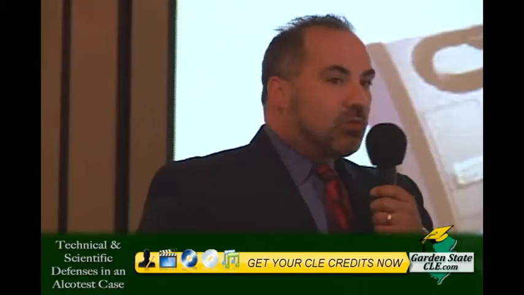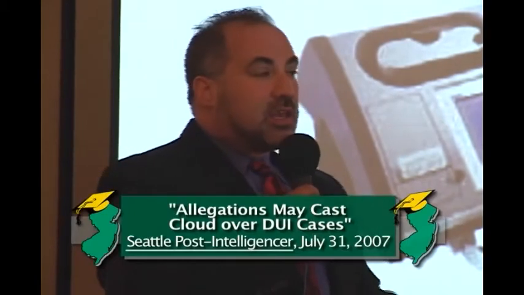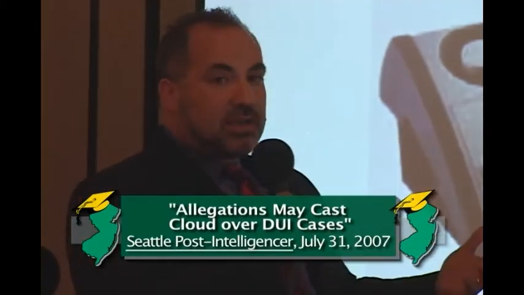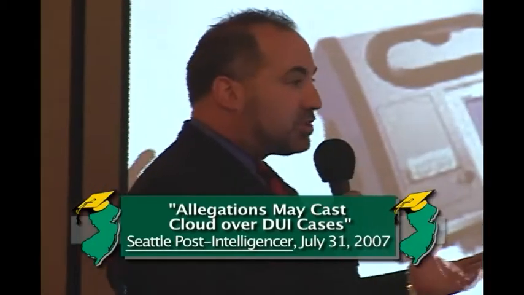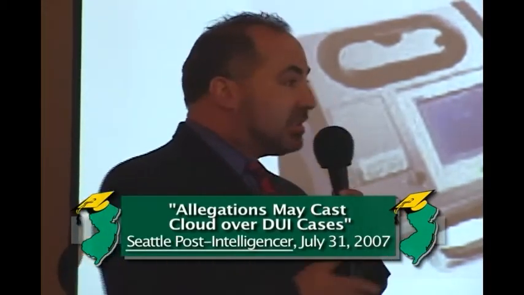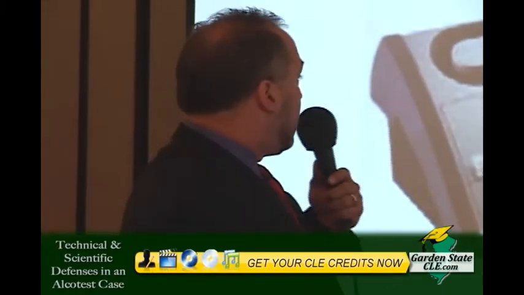The lawyers in Washington are absolutely rabid. If you know anything about the scandal in the lab, Anne-Marie Gordon certifying simulator solutions that weren't certifiable, and she was ultimately thrown out, and thousands of breath tests were thrown out in Washington State due to the Washington State attorneys being absolutely on the ball and not letting go.